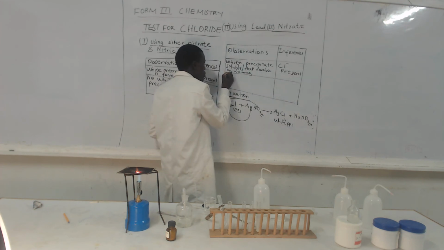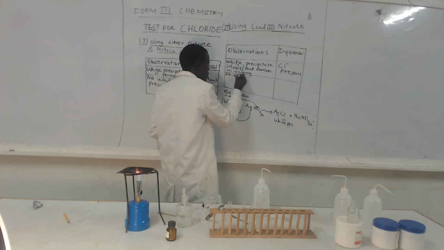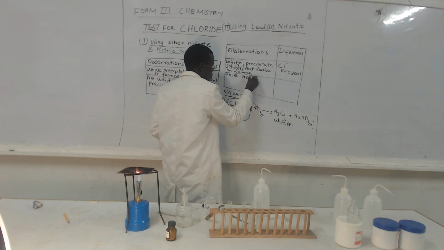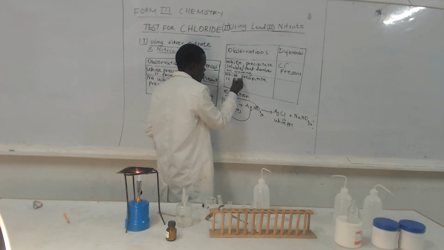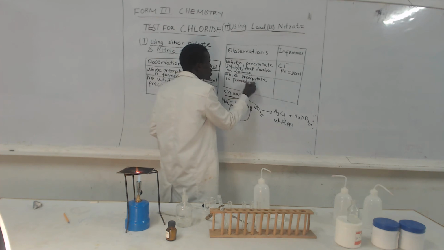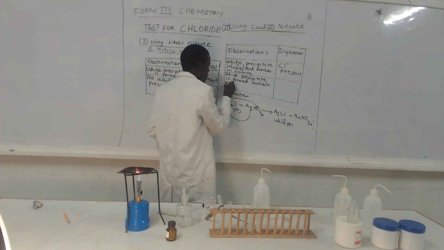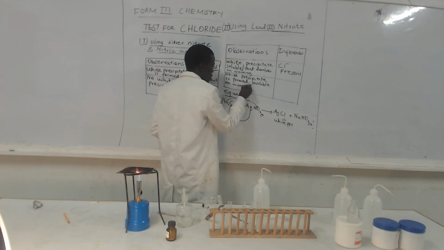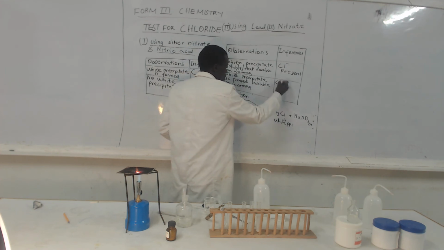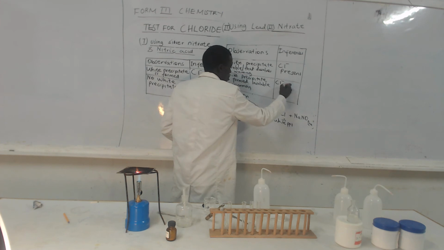If white precipitate is formed insoluble on warming, then it means the ions, that is chloride ions, are absent.